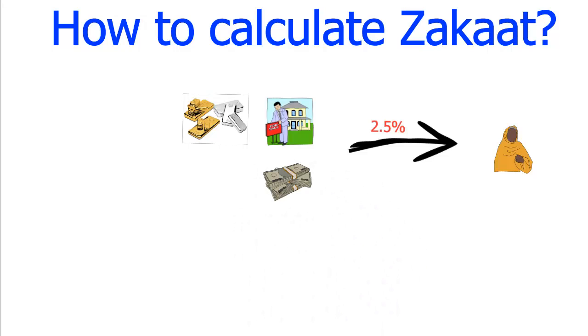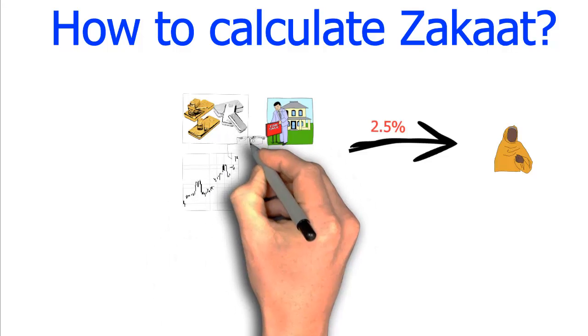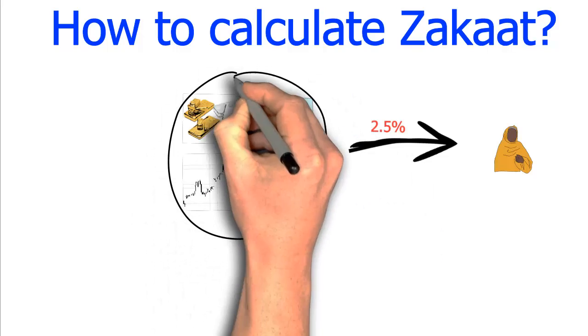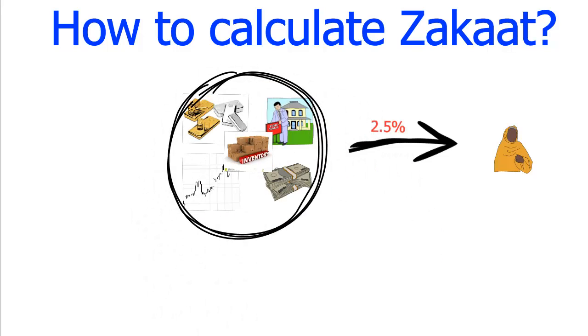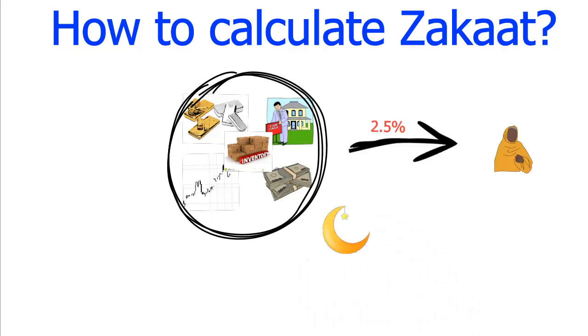That could also be cash that you've got in the bank, savings and other earnings that are coming in. It could be bonds and stocks, and it also could be business inventory that you sell. You take 2.5% of all of that, and if you've had that for at least one lunar year, then you take 2.5% and you give it to someone that needs it.